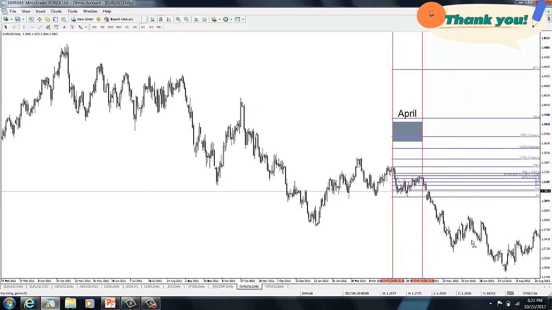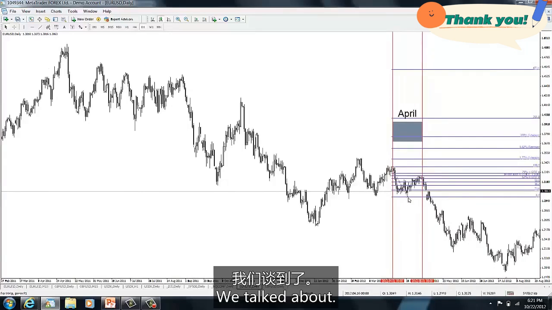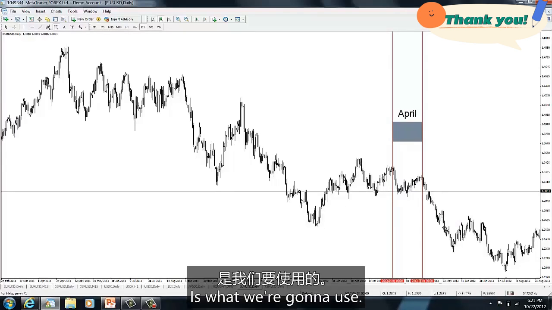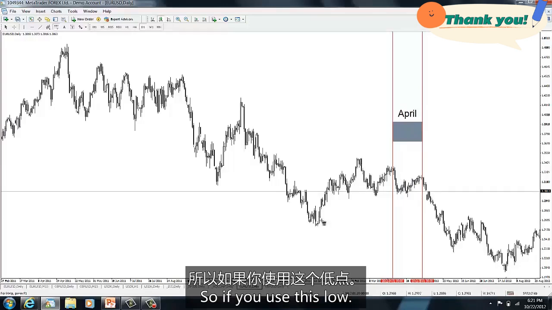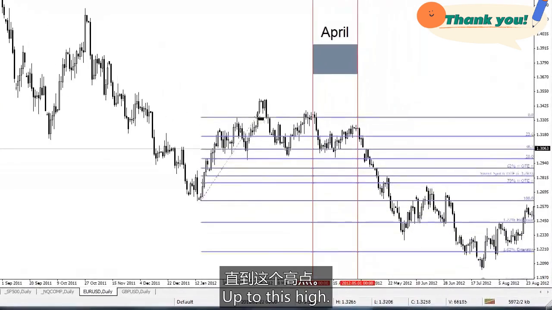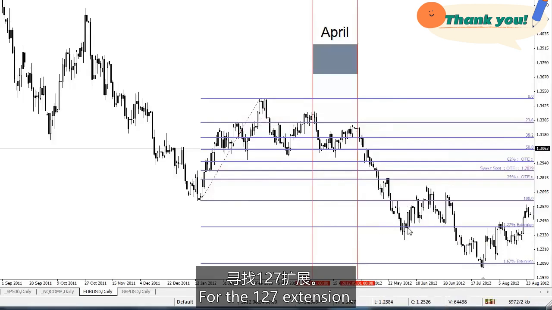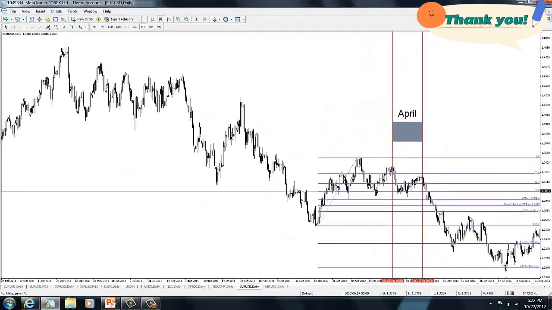If you use the Fibonacci concept that we talked about for this plan, we look for the 127 extension, the 162 extension, and the 200 extension. This price swing is what we're going to use going lower. If you use this low up to this high, once market structure breaks this low here, you're going to be looking for the 127 extension, which it finds here handsomely and bounces, giving you another optimal trade entry to get short.